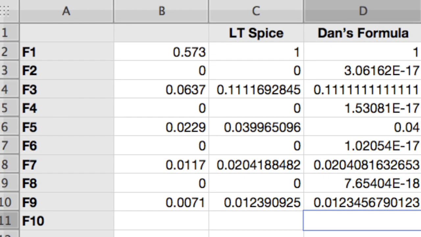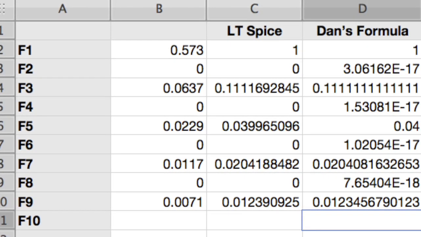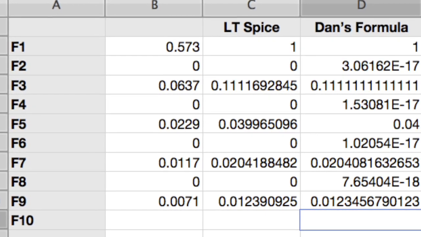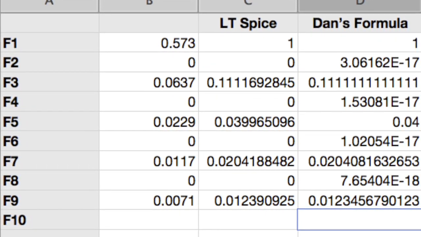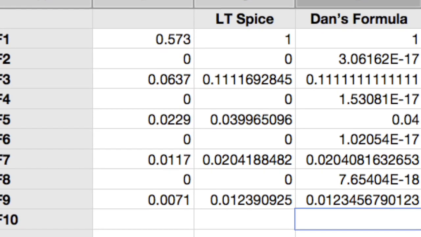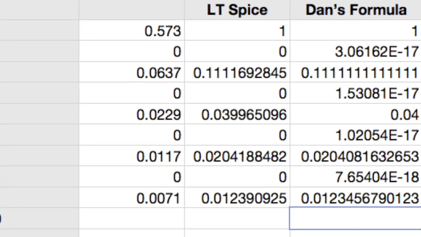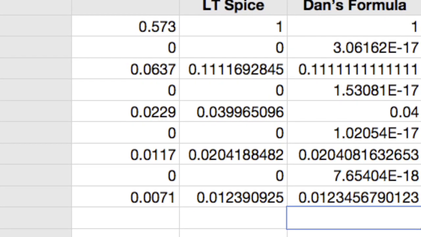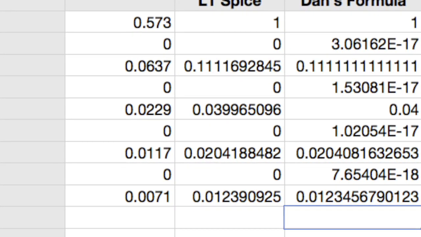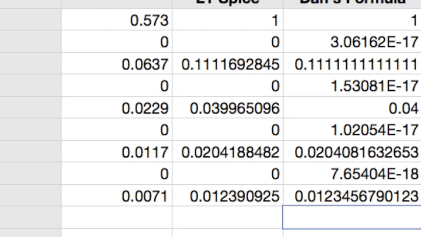Okay, so I took what LT Spice did and I compared it to my formula. It took me a while to do this because I can't see too good, but I pulled it off. So with the normalized amplitude of 1, the second harmonic is 3.06162 E minus 17.